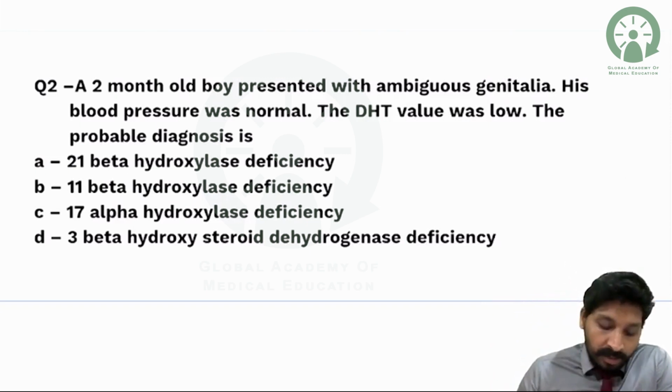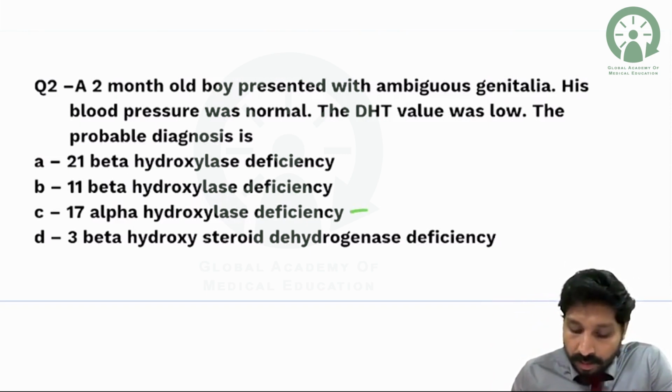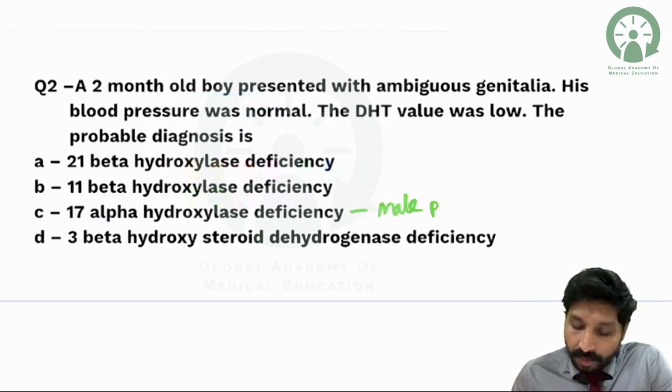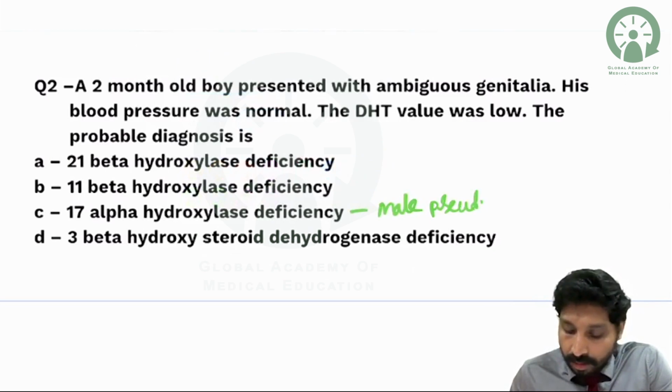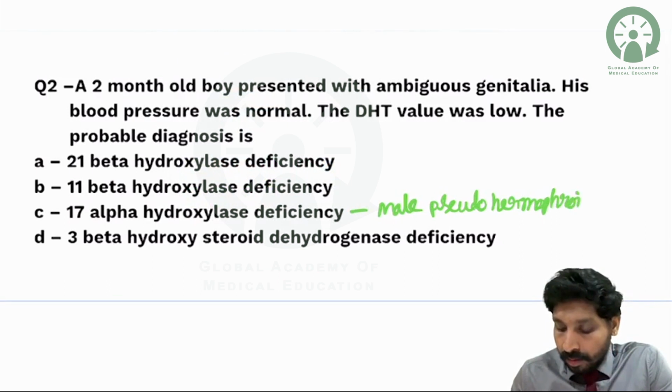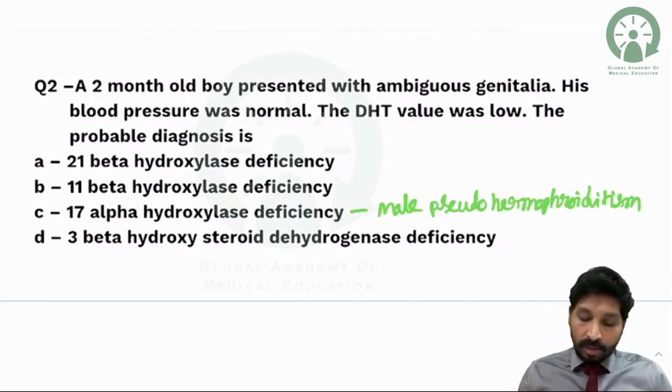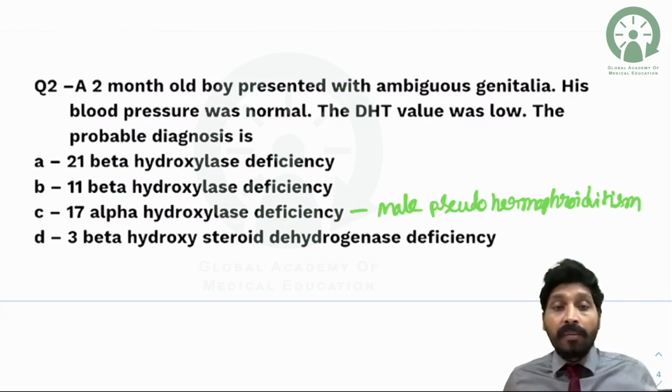So the correct option will be male pseudohermaphroditism. Male pseudohermaphroditism is the answer. Okay, so this is one of the key features, because of the deficiency of the enzyme 17 alpha hydroxylase. Why not 21 beta hydroxylase? Why not 11 beta? And why not 3 beta hydroxylase?